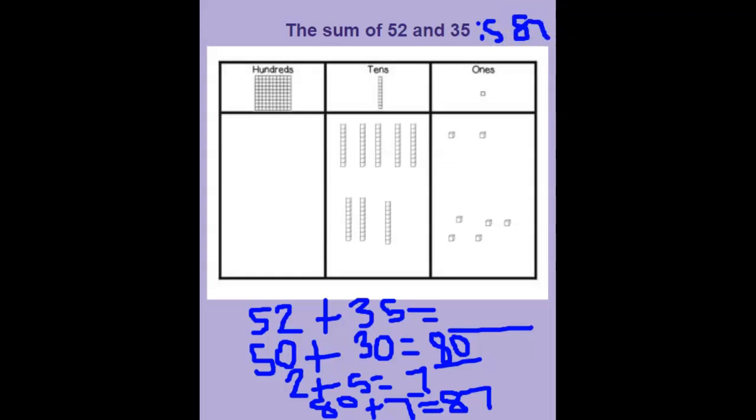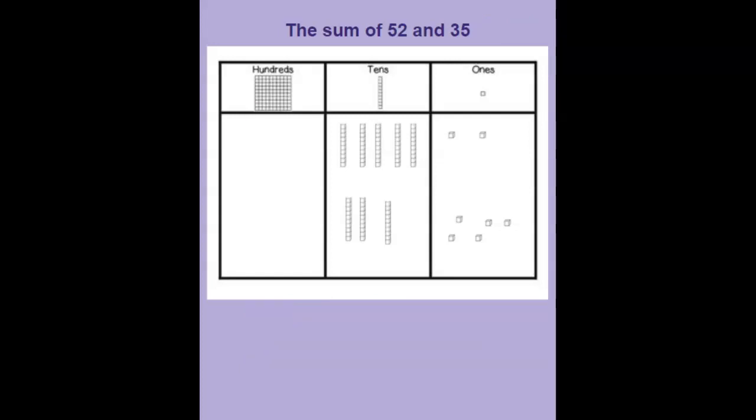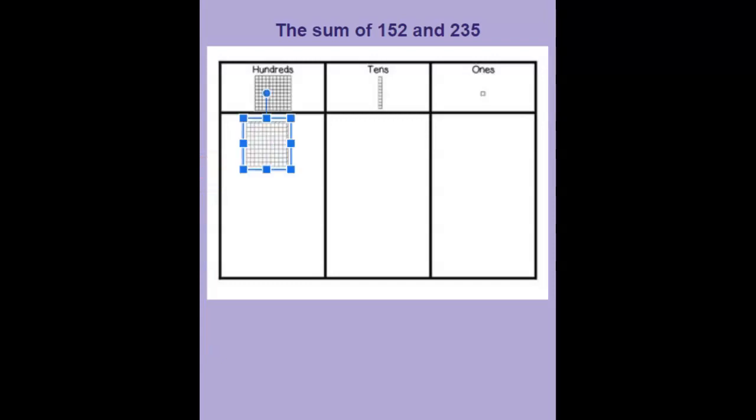Now let's look at a 3-digit number plus a 3-digit number. And we're still going to use our place value chart to help us. So to represent the number 152, there's a 1 in the hundreds place, a 5 in the tens place, 2, 3, 4, 5, and a 2 in the ones place.